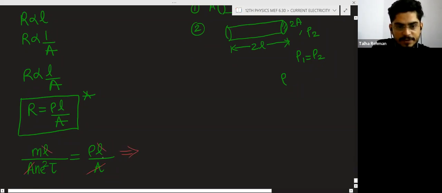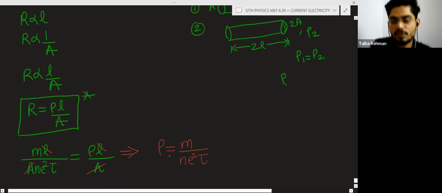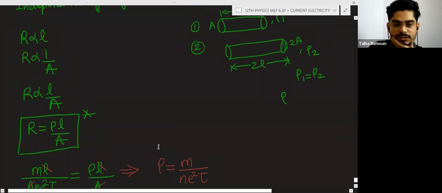So you can write rho is equal to m upon n e square tau. So rho can be written in this form. See here, rho depends only on the material. So please note it down.